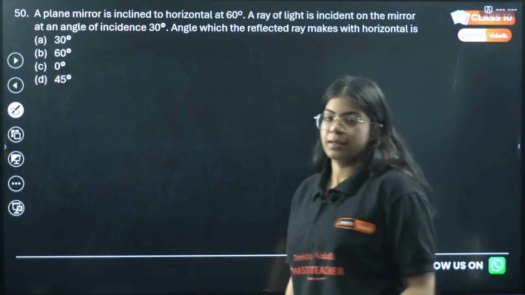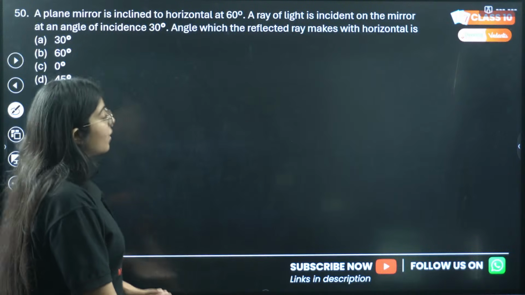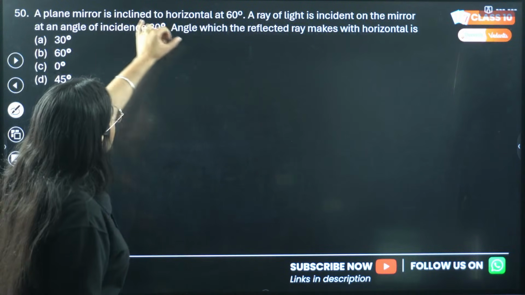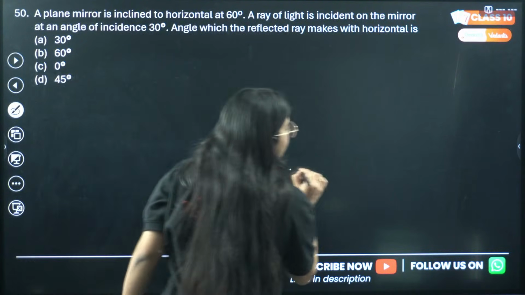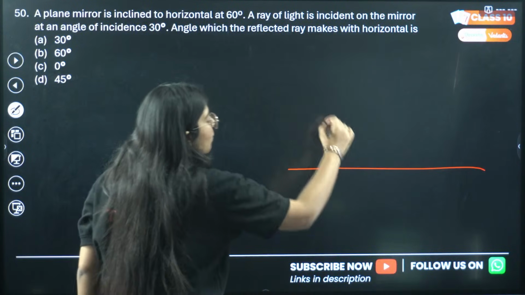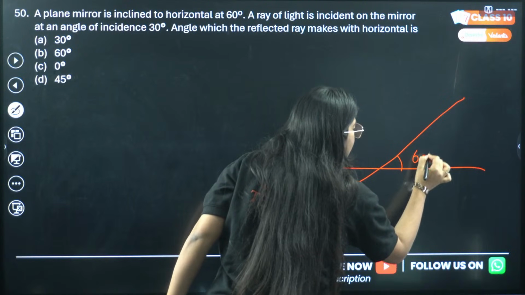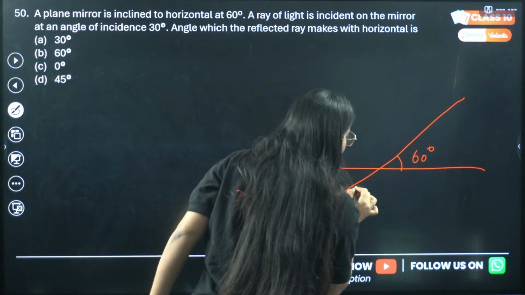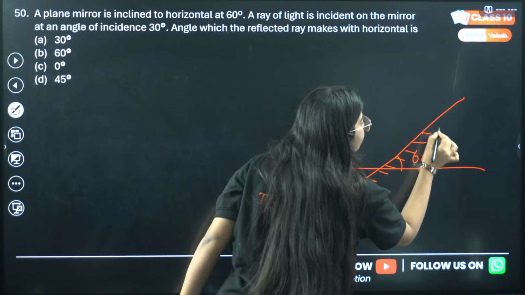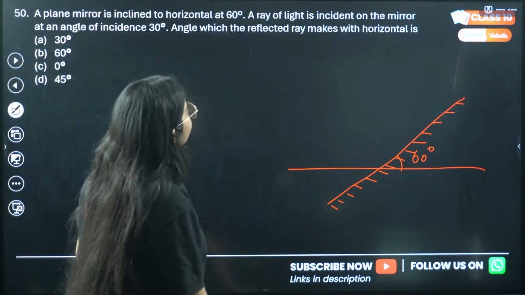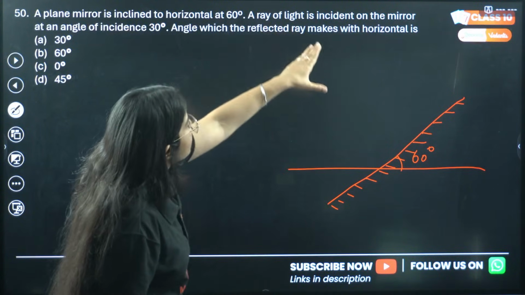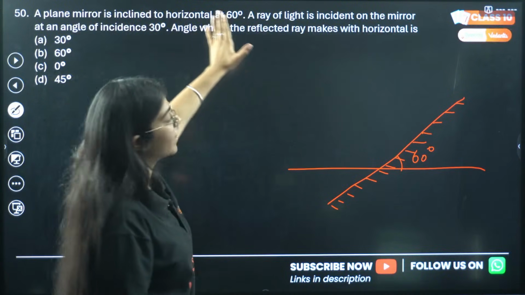Let me draw the diagram for you, okay? Let's read it carefully and draw the diagram. A plane mirror is inclined to horizontal. Let me make the horizontal, correct? A plane mirror is inclined to horizontal at 60 degrees. This is my plane mirror, correct? A ray of light is incident on the mirror at an angle of 30 degree.